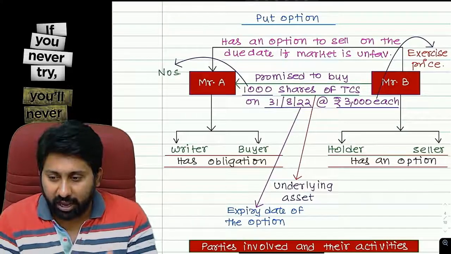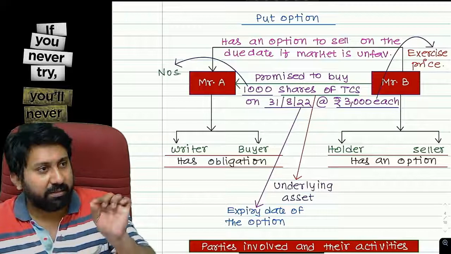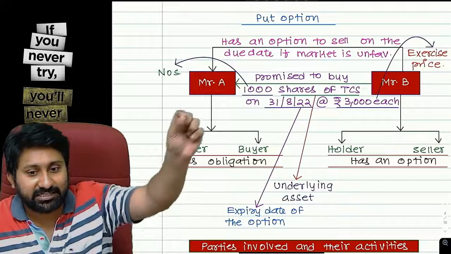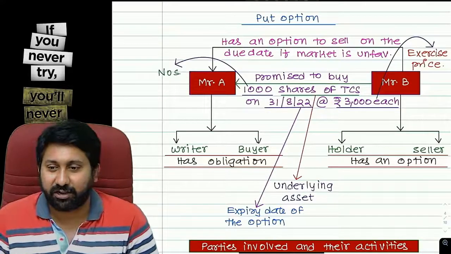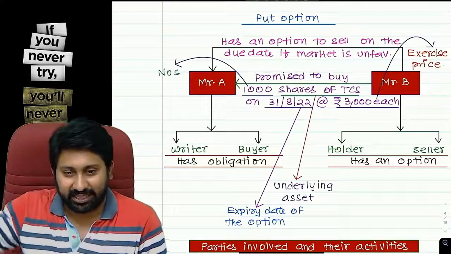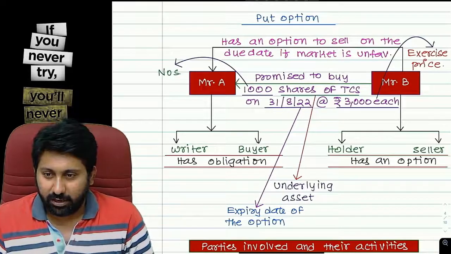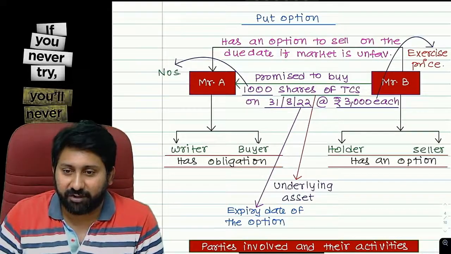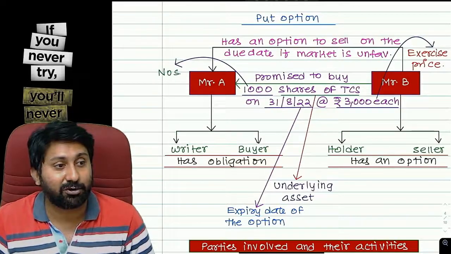I will lock myself at 3000 even here. If the market price rises to 3500, I will sell there at 3500, not to you. You need not buy. If the market price is 2500, I can sell in the market only at 2500.